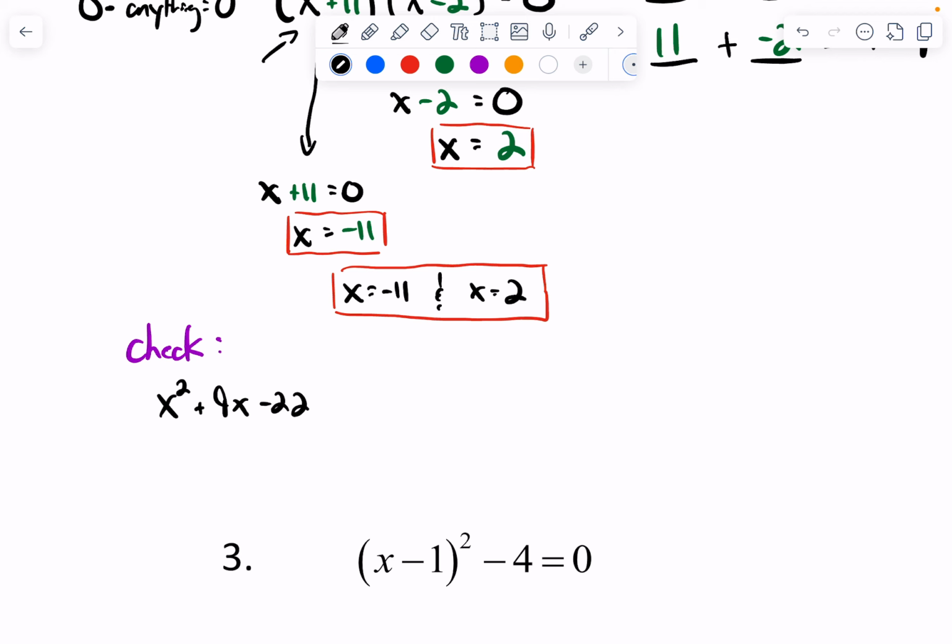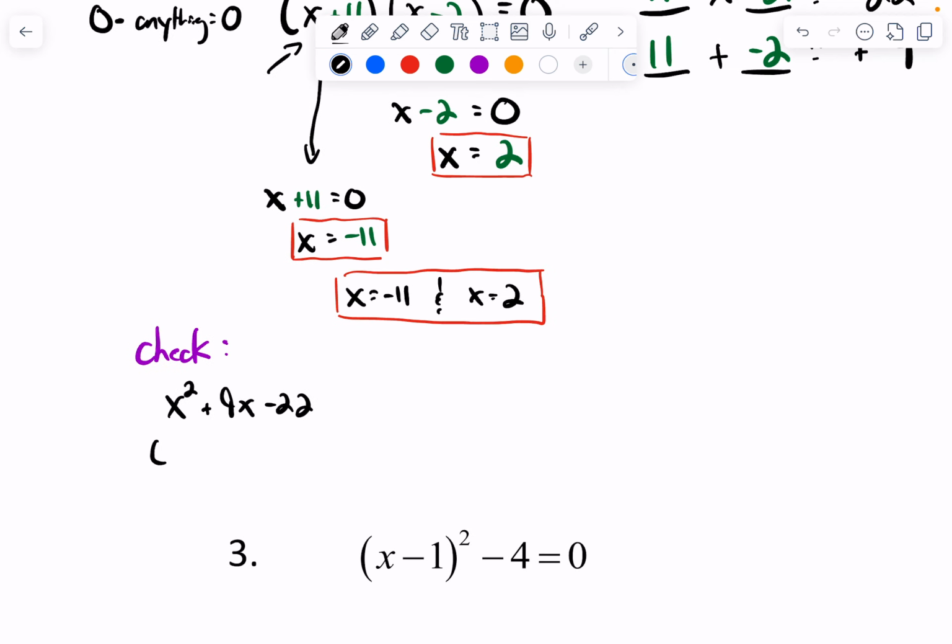Let's do 2 because it's easier to do the mental math. So if we plug in that 2, let's square it, plus 9 times 2, minus 22.